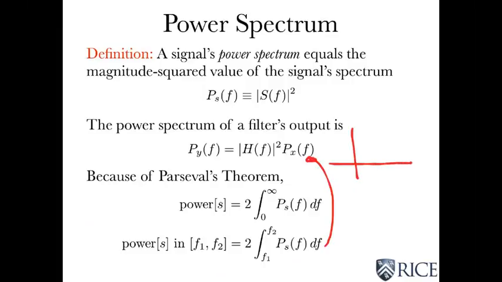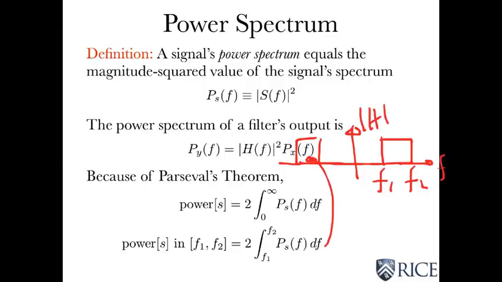So suppose capital H is a bandpass filter between f1 and f2. And so we know what that does is that the only thing in the output Y is the frequency components of the input in that frequency range.